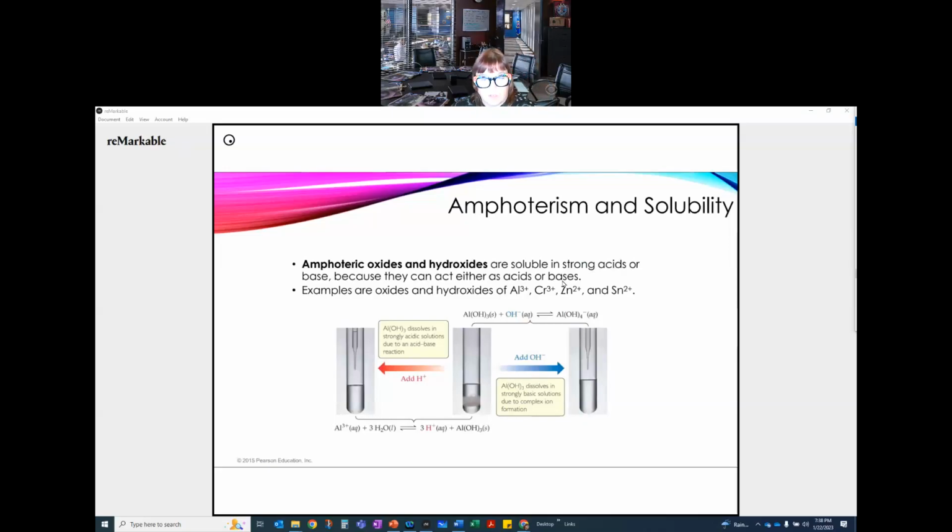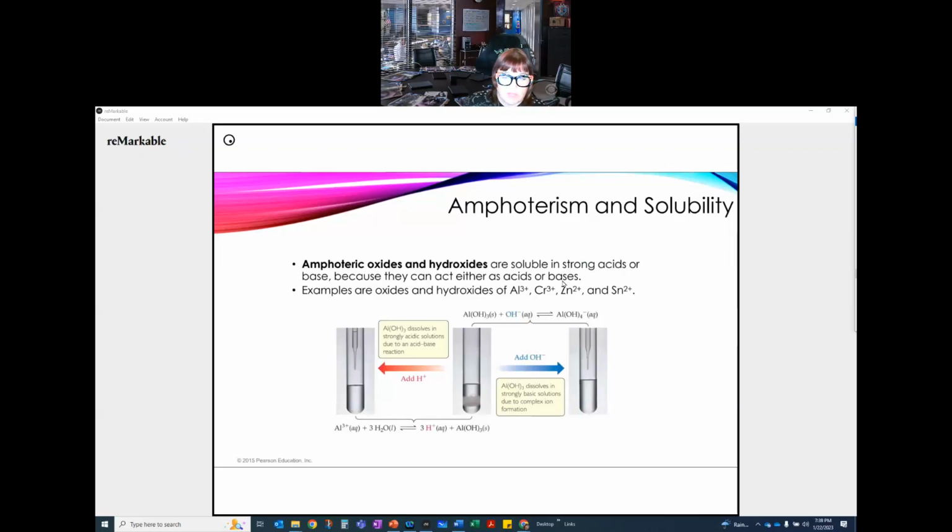Now, amphoterism and solubility. Amphoteric oxides and hydroxides are soluble in strong acids or base because they can act as either an acid or a base, okay? So examples are oxides and hydroxides of aluminum, chromium, zinc, and tin. So if I have aluminum hydroxide and I want that to be more soluble than it is, I can add additional hydroxide.